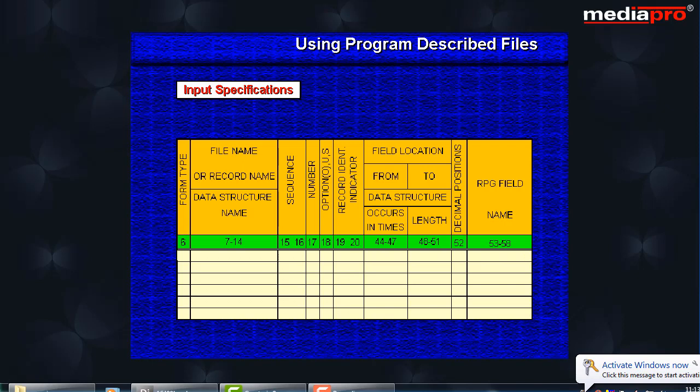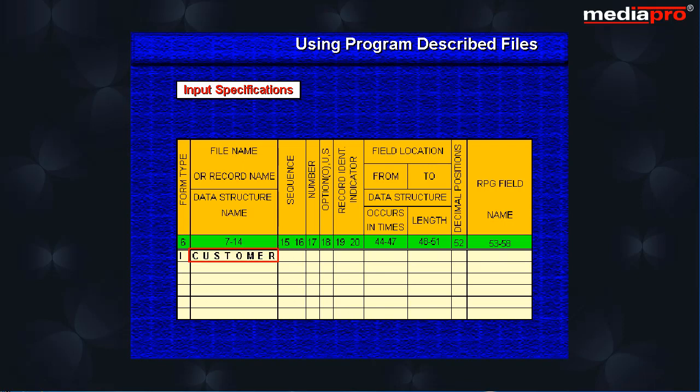For program described files, we have to include an input specification through which we will define the fields in the record. We begin by identifying the input files. The name of the file is entered in positions 7 to 14.